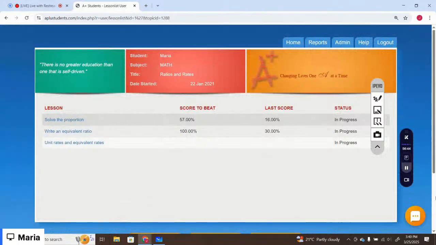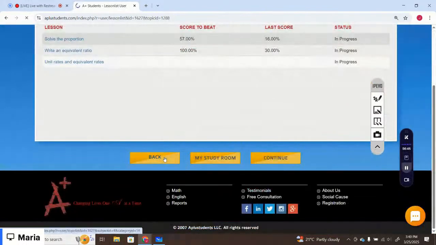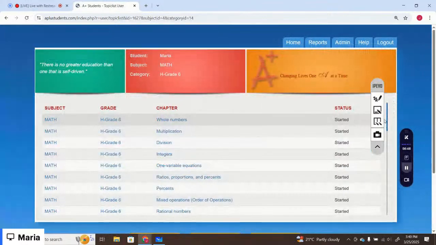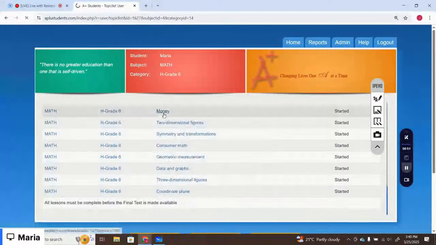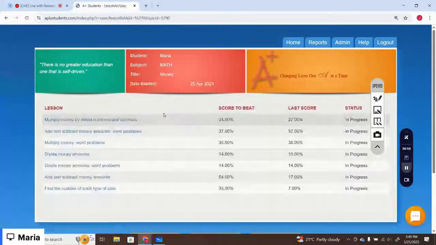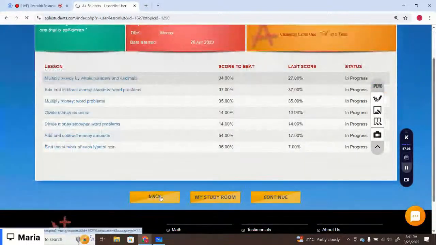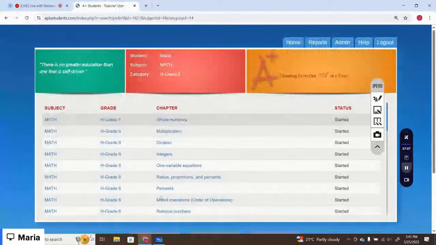Then we started the chapter money, and in that chapter we did only one lesson: multiply money by whole numbers and decimals. So please make sure to go to the next session. You can complete all the practice questions for the lessons we just did. That is your homework until the next session.